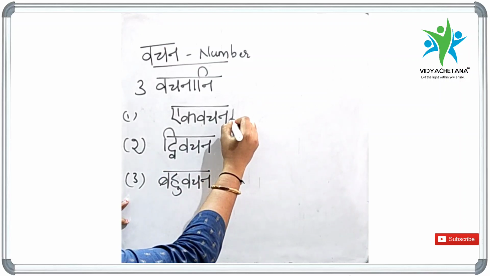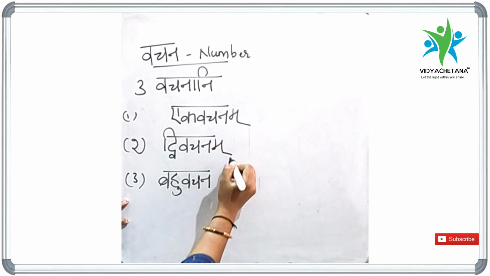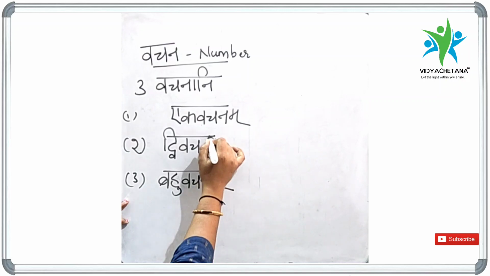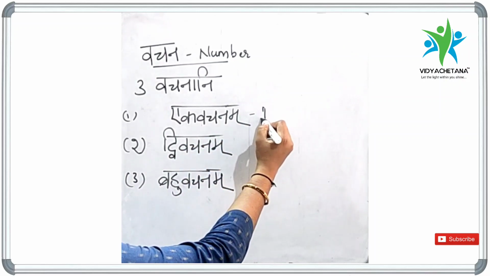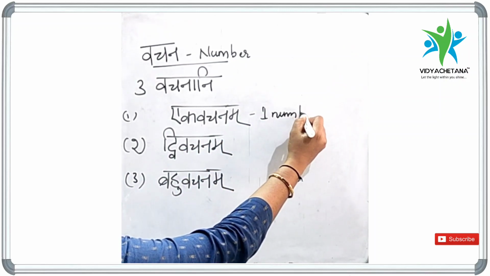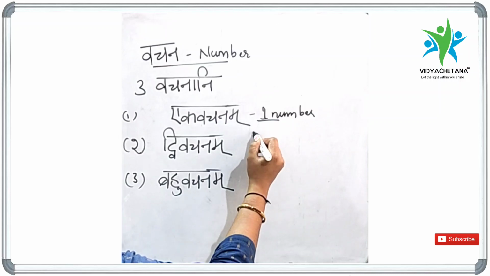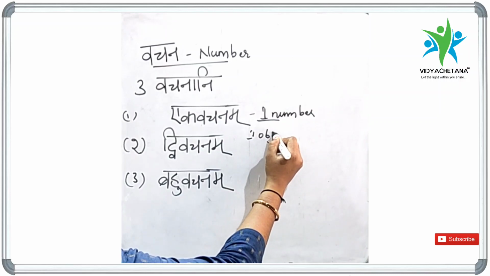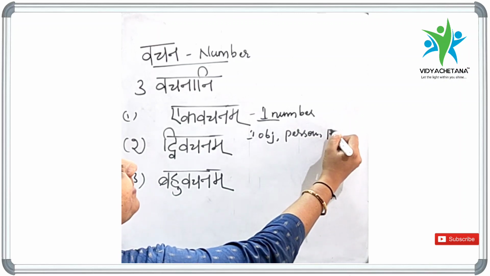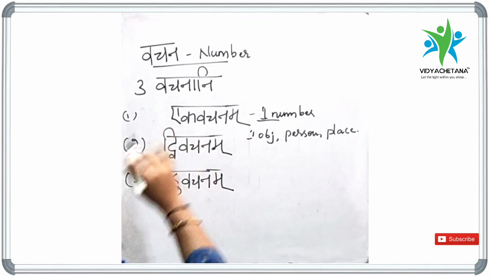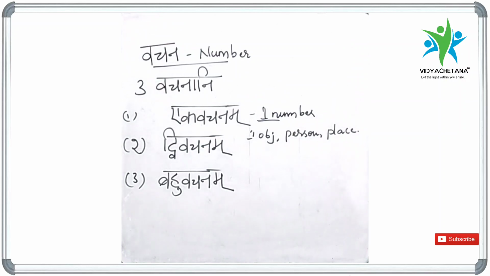You can also say Ekavachanam, Dvivachanam, Bahuvachanam. Ekavachana, according to the word, Eka means one in number. So one object, one person, one place will be considered as Ekavachanam words.